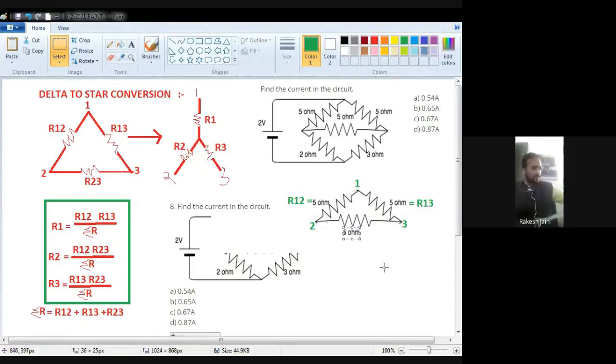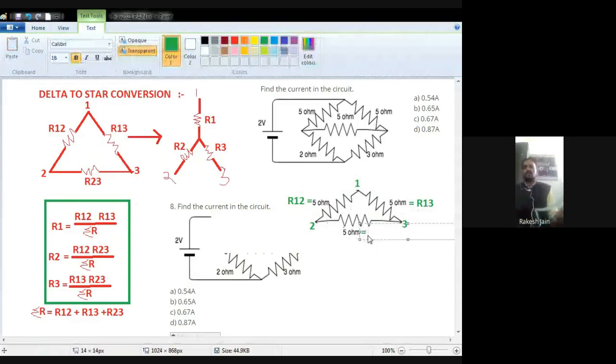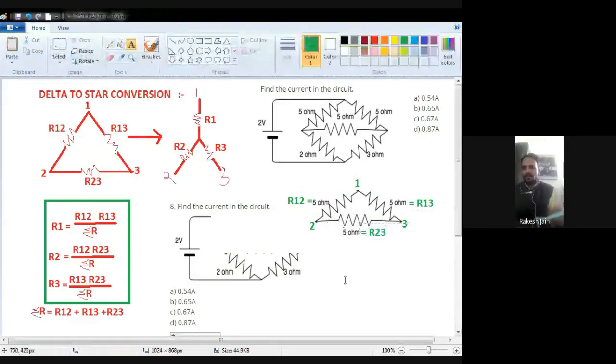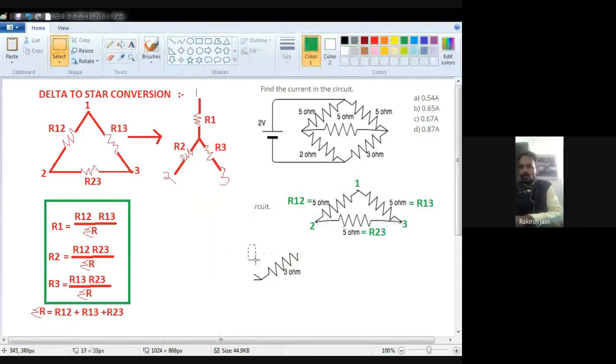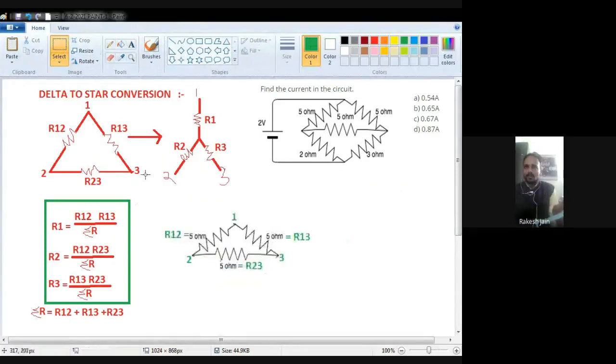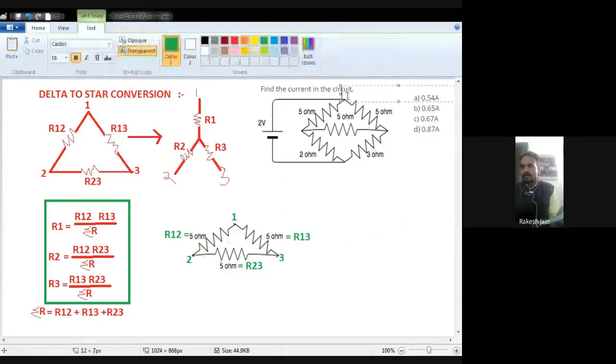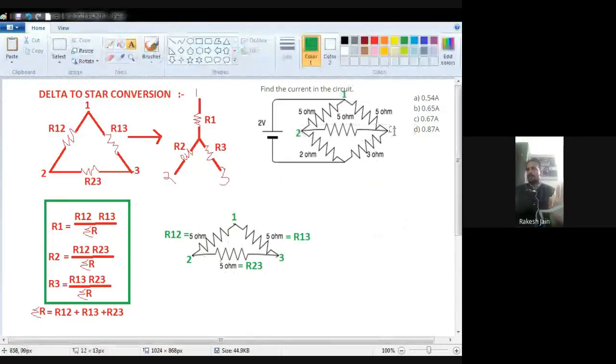And this third resistance, which is R23, is a 5 ohm resistance. First of all we should convert them. On the basis of the diagram which is given, we have to convert them into a star network.